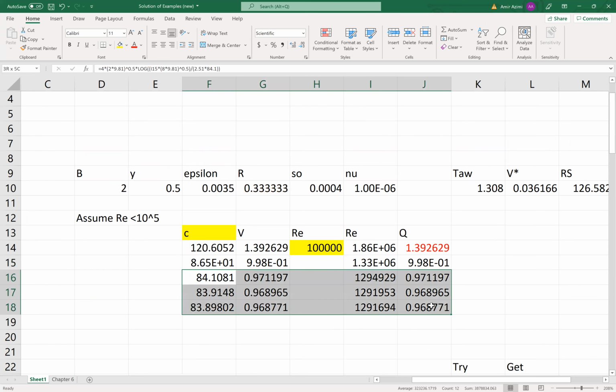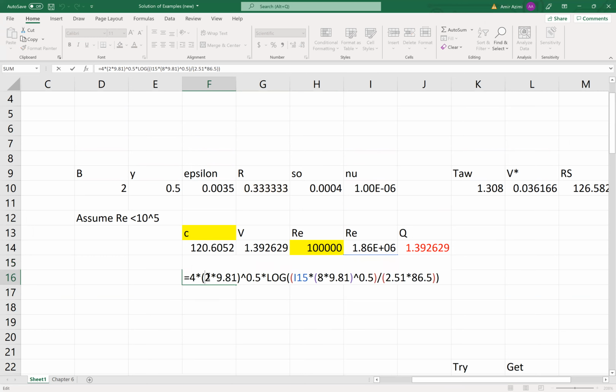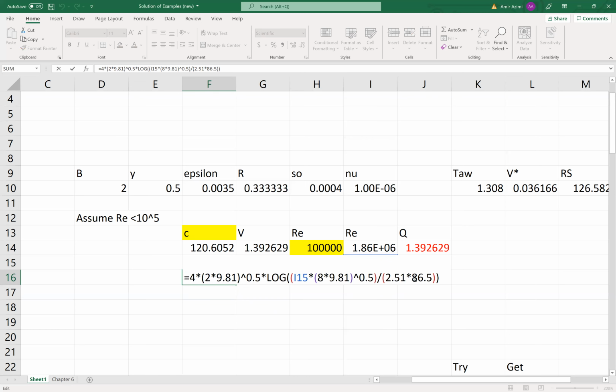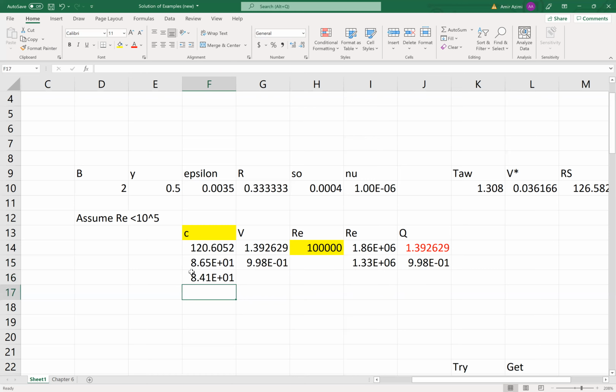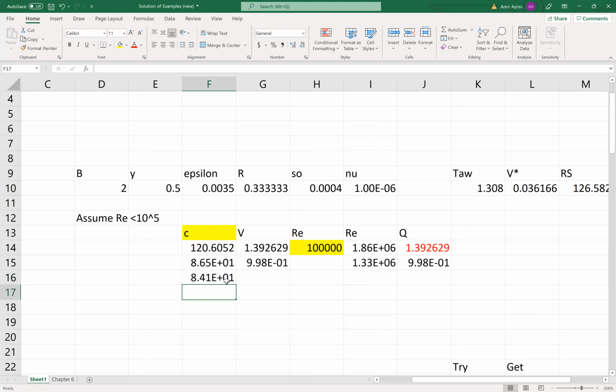So what I need to do here, I just need to grab this, and then I need to update Reynolds number with the new value of Reynolds number, which is already updated. Okay, so now you'll see that it's different. So 83.9, I need to first fix this. I got 84.1. So it's converged. So I put 84.1 and I got 84.1.